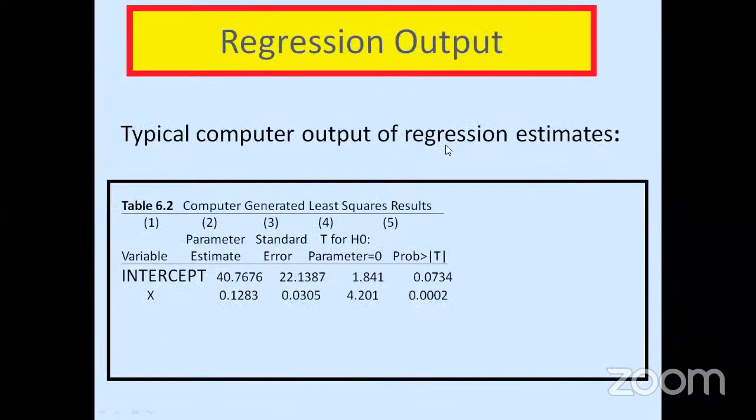So this is a computer output of any regression estimates. Many of you have seen it, I think. This is the parameter estimate. This is an intercept, called the constant, and x is the coefficient. These two we generally observe, and the standard error we also come to know. When we divide 40.7676 by 22.1387, it gives a t statistic.